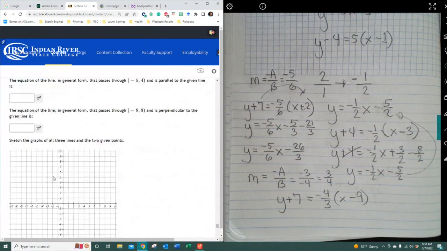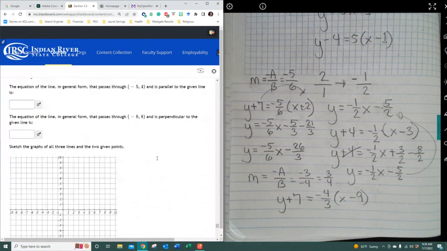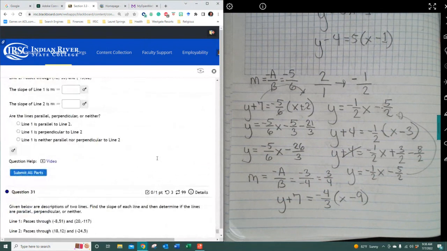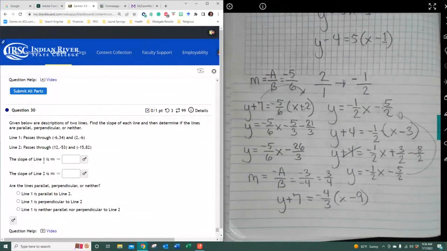All right, I've given you a lot of direction on this. You want to go ahead and do perpendicular, parallel, and that means same slopes. Now it says, given the below description of 2 lines, you've got to look for the slope of line 1. You can calculate the slope. Are the lines parallel, perpendicular, or neither?